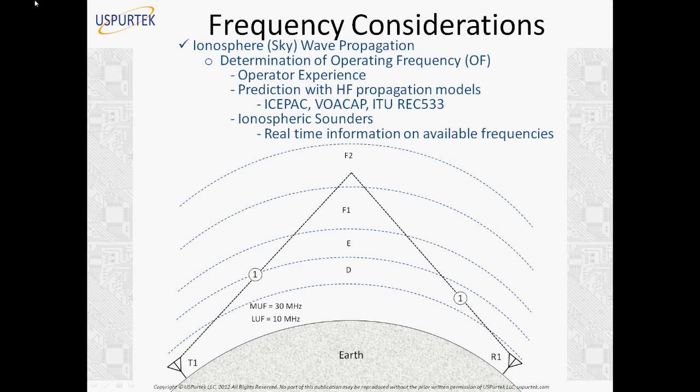In that case, the operator will have a sounder transmitter installed here and a receiver here, and just emit pulses periodically, and see which frequencies are working best at this time before actual communication takes place. What that means is that my usable frequency could change from time to time. It depends on what frequency is available right now, which can use skywave propagation, which I can use for my backhaul wireless links.